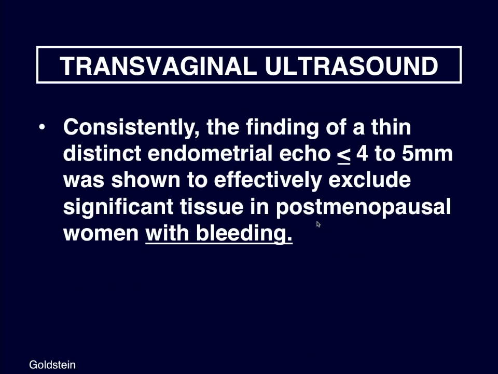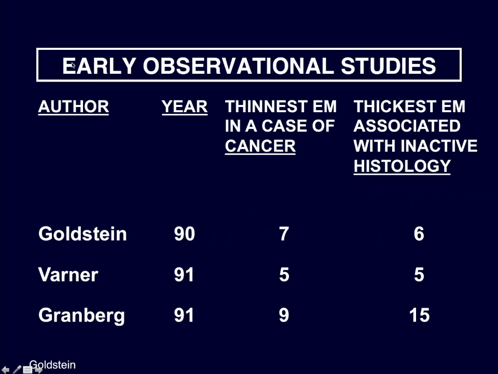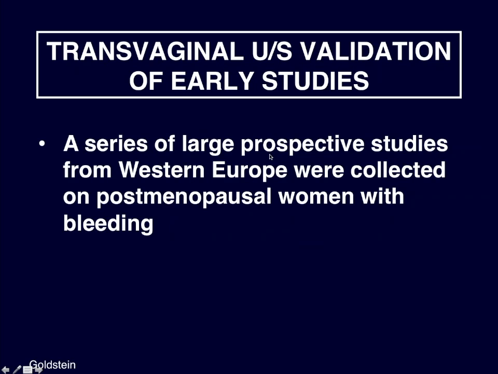Consistently, those early observational studies, the finding of a thin, distinct endometrial echo less than or equal to 4 or 5 millimeters was shown to effectively exclude significant tissue in postmenopausal women with bleeding. And these were some of the early observational studies we published in 1990, Varner in 91, Granberg in 91, but these were all just small observational studies.